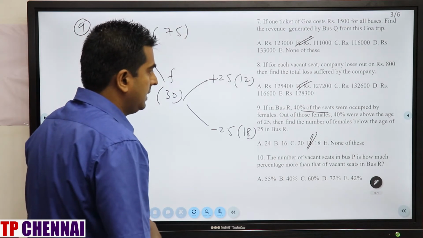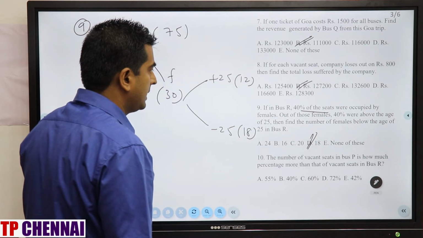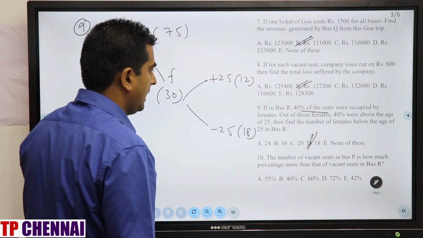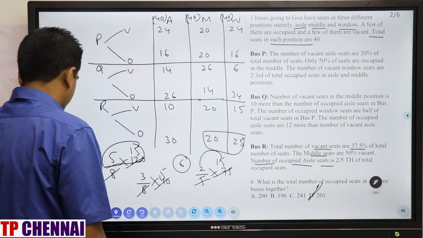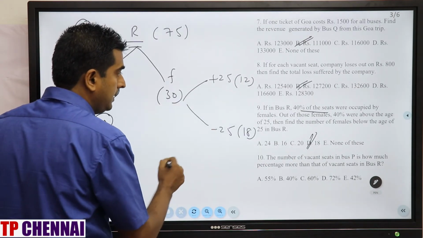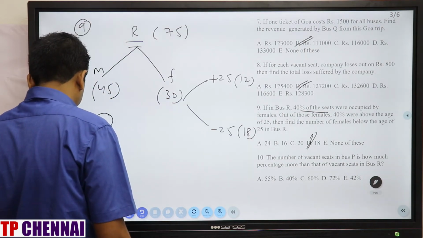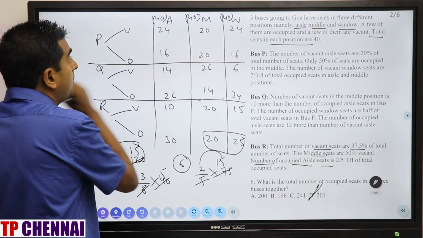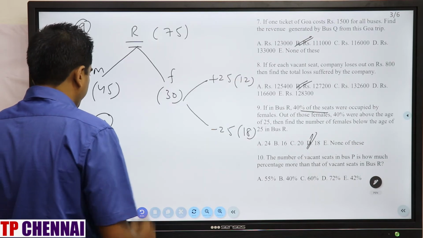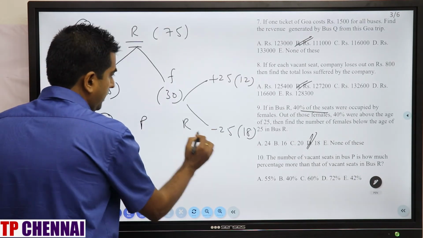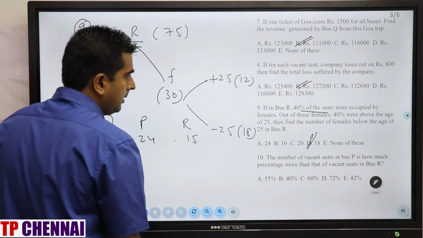Question number 10. The number of vacant seats in bus P is how much percent more than the number of vacant seats in bus R? Number of vacant seats in P. P window seat vacant is 24 and R is nothing but 15.